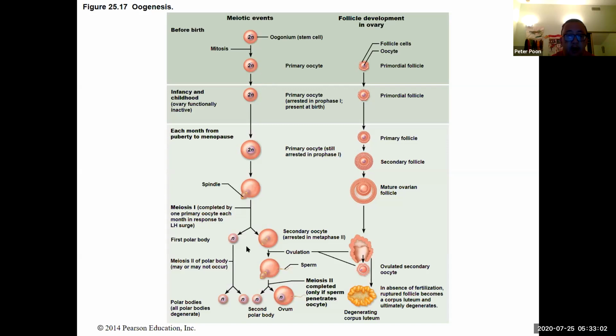What it needs really is just to get rid of half its DNA. So the DNA has to match for the sperm to penetrate. So the purpose of the polar bodies is accounting purposes, but we can actually hijack that and take advantage of that.